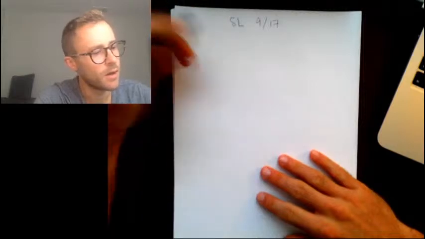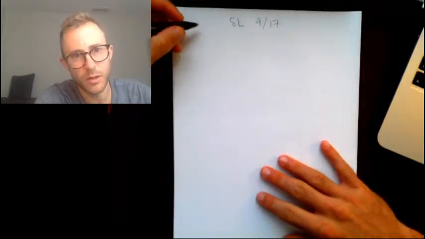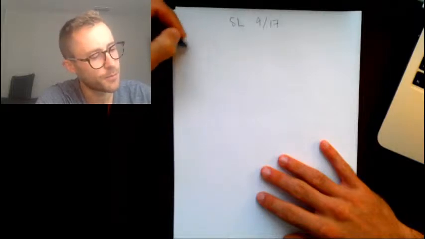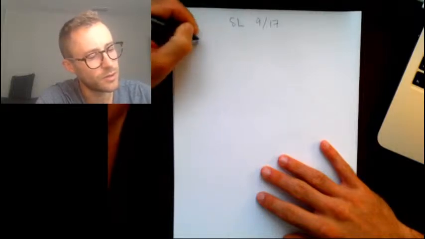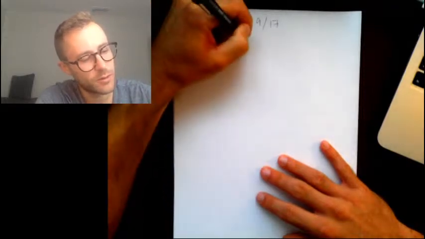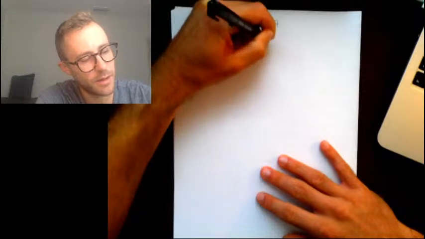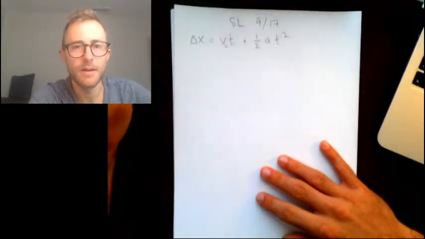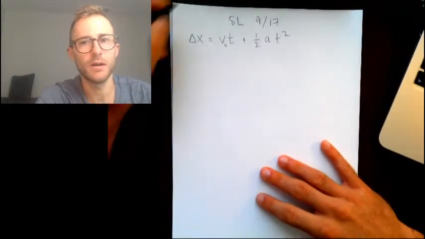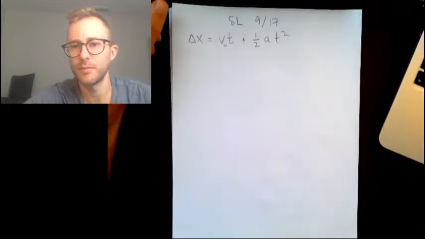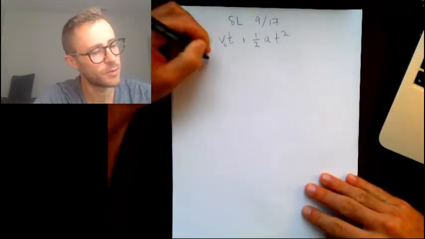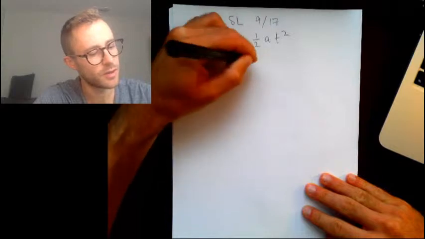Last time we learned three really important equations. Delta x equals v naught t plus 1/2 a t squared. The equation v final equals v initial plus a t.